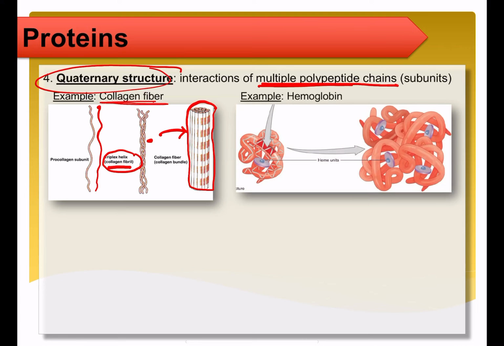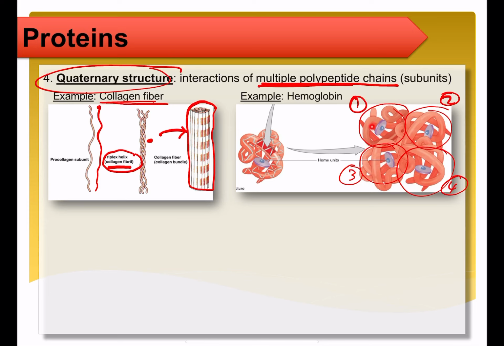Hemoglobin is not just made up of one polypeptide chain, but is actually 4 polypeptide chains. 1, 2, 3, and 4 here. Okay, so 4 polypeptide chains come together, or we can call them subunits as well. 4 subunits come together to form your final structure of the hemoglobin molecule, which is why one hemoglobin molecule can bind 4 different molecules of oxygen.